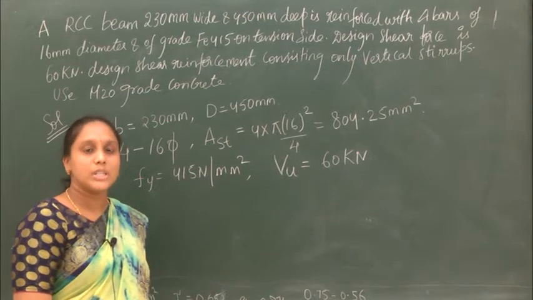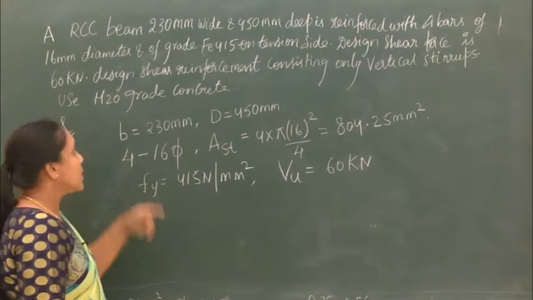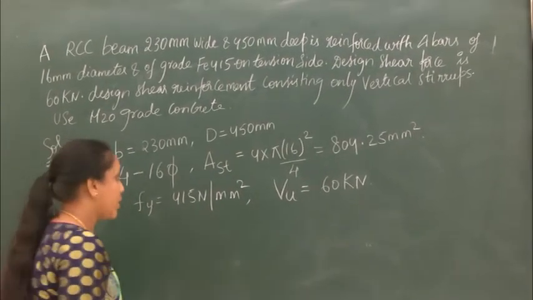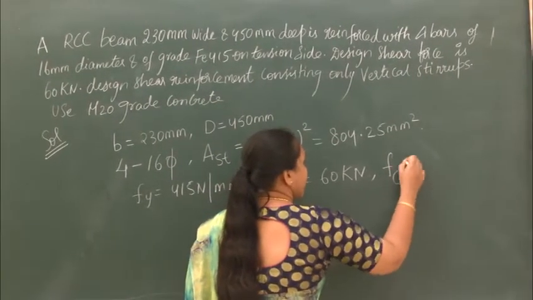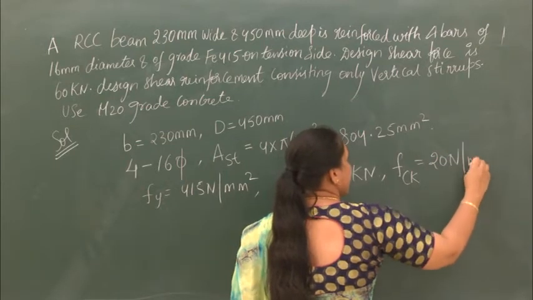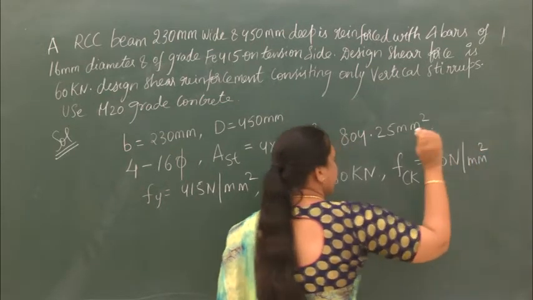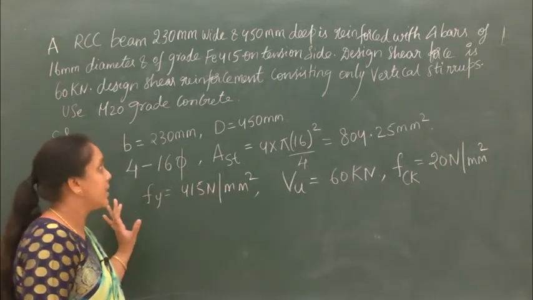So here we have to design for vertical stirrups and use M20 grade of concrete. So fck, the grade of concrete, is 20 Newton per mm square. This is the data given here.